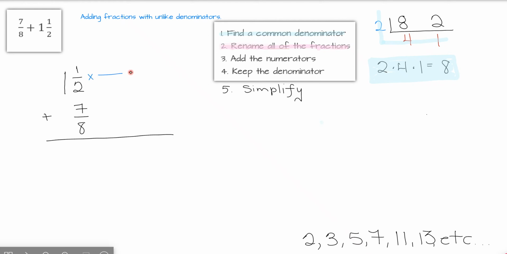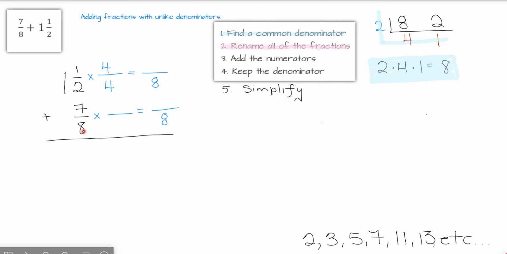This is where I'm going to change my fractions accordingly. I know that I want 8s on the bottom. And so I just look across and I say, 2 times what equals 8? Well, that's 4. And then I have to put a 4 on the top because 4 over 4 is 1, and we can multiply anything by 1 and make it look different without changing the value.